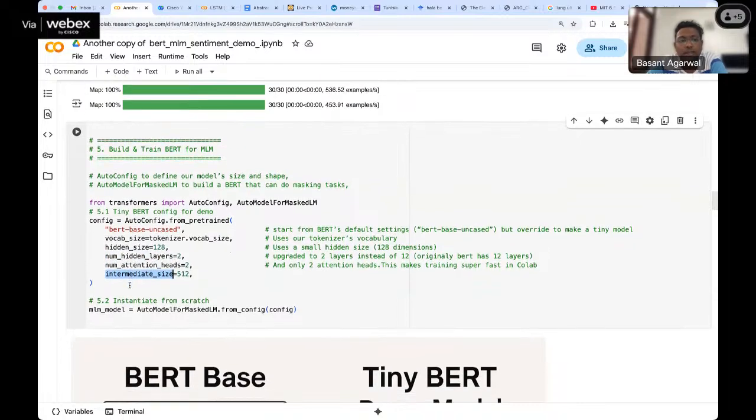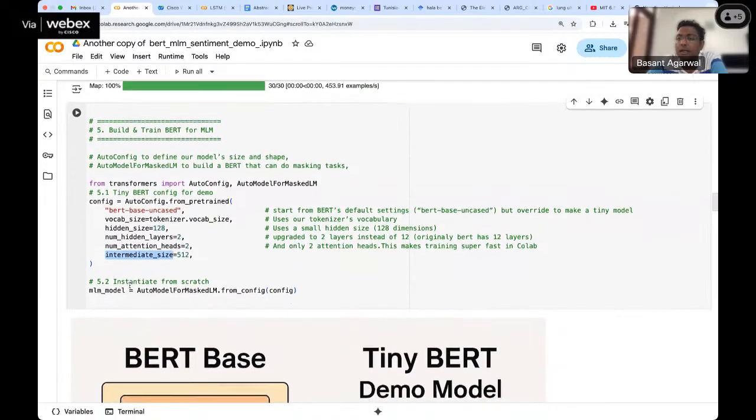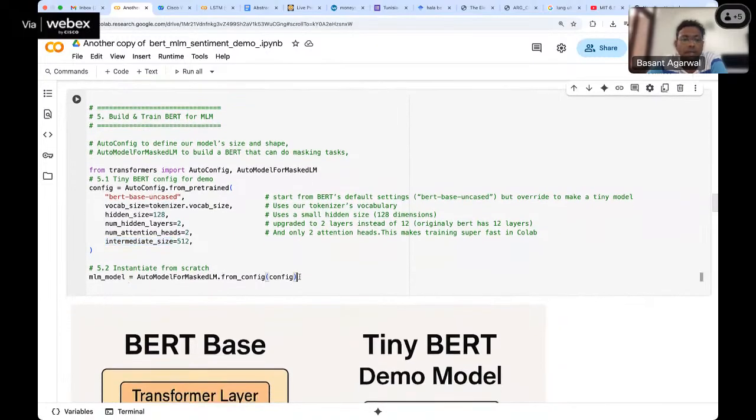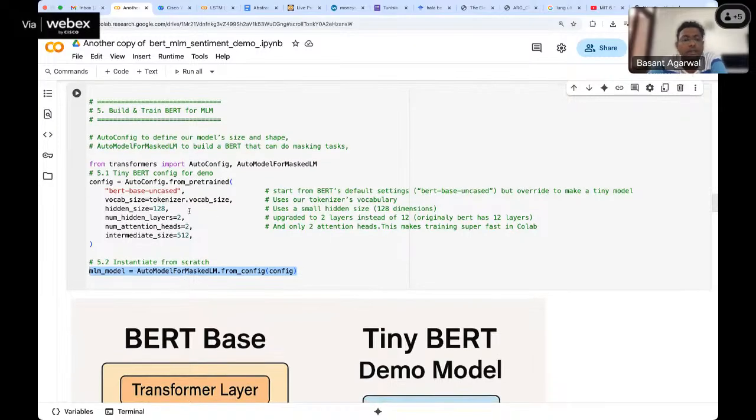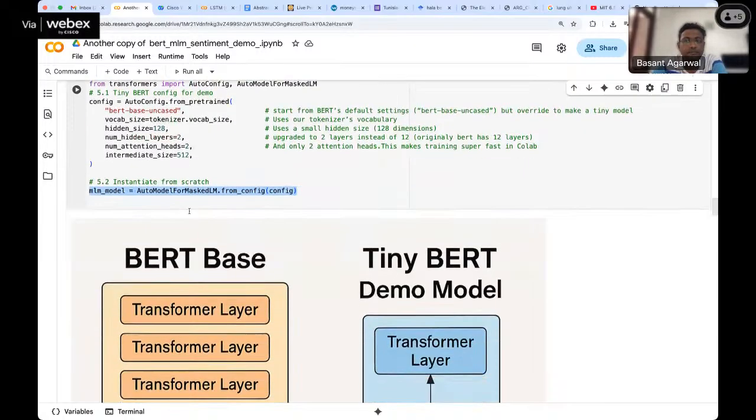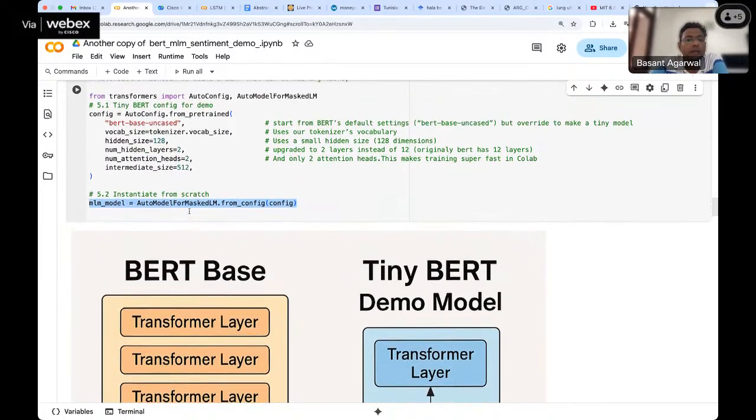We can set all these parameters, and then we can directly use the AutoModelForMaskedLM, which will instantiate the model from scratch for training. With this we can update and change our network also.